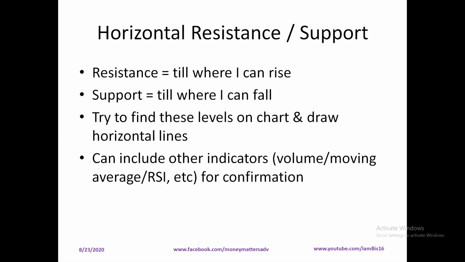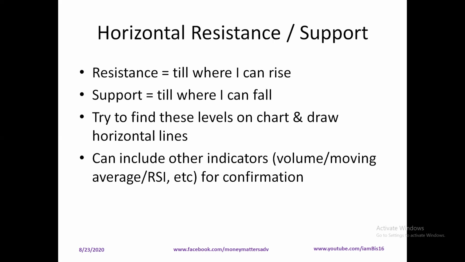So let's talk more on what is horizontal resistance and support. Basics-wise, what is resistance? Resistance is the level till where my stock or my index can rise, and support is till where I can fall.